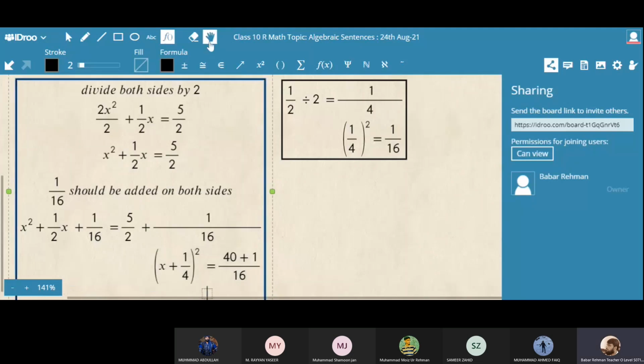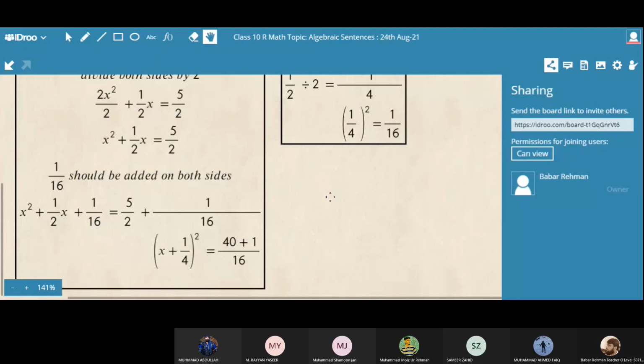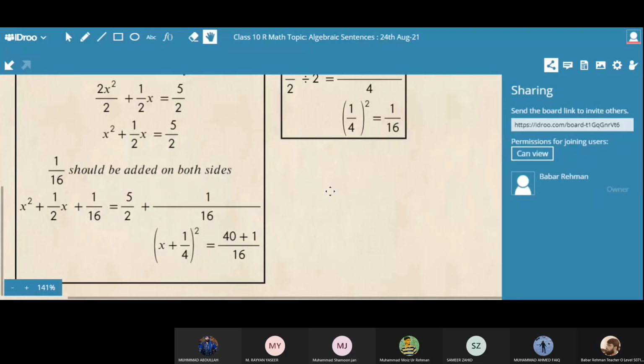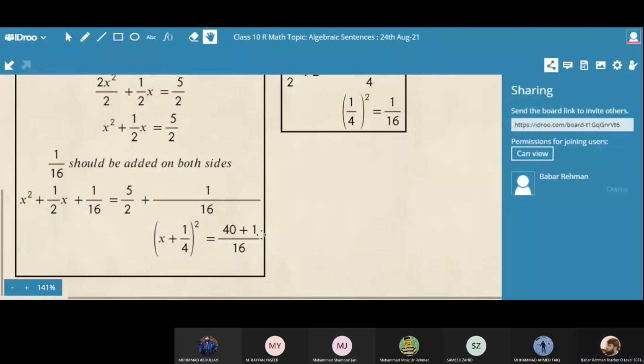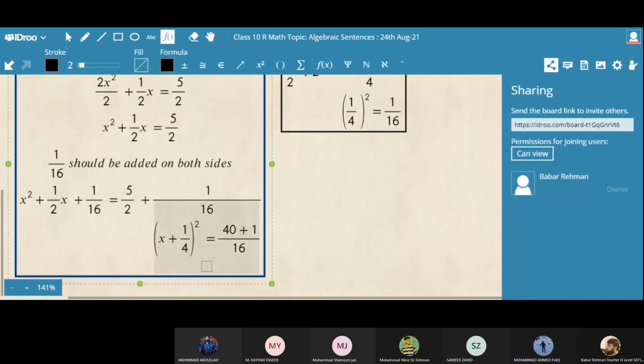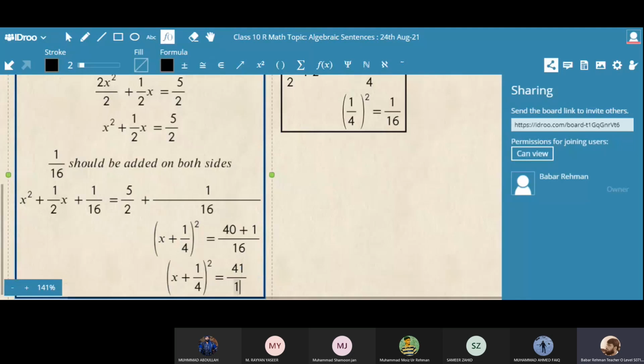Now, what is the next step? Student, what is the next step? Are you writing? Hello, are you writing steps? Yes, sir. Okay. So this should be the same over here, is equal to 41 upon 16.